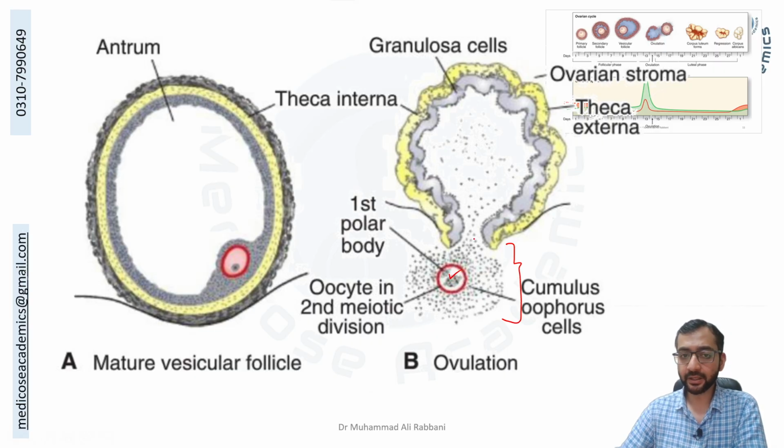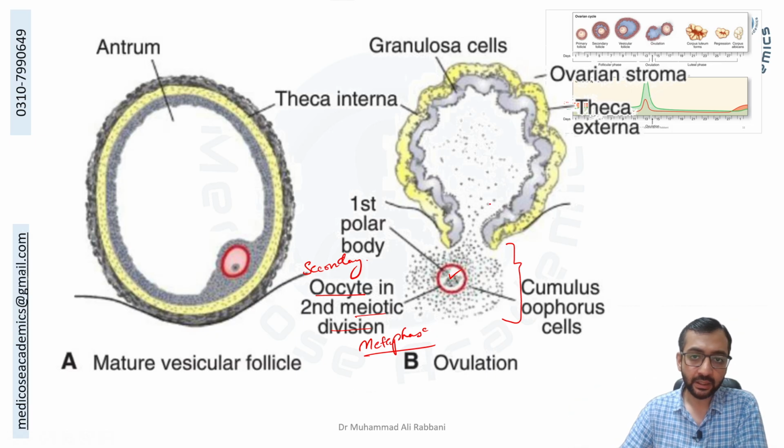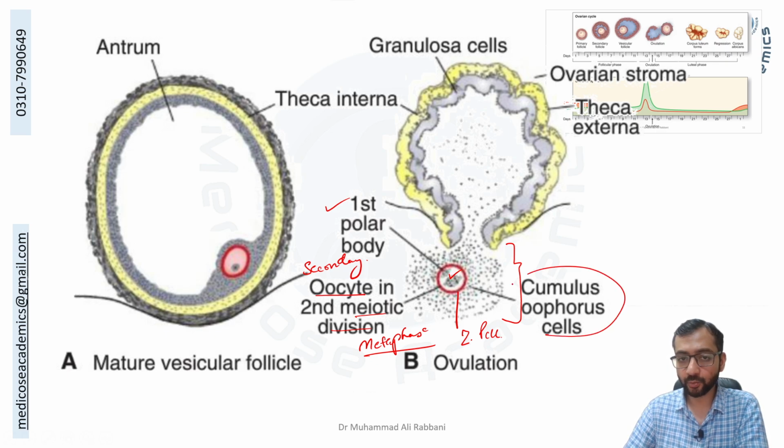There is a secondary oocyte stuck in the second meiotic division, in metaphase. Of course, it will have one polar body with it, shown right here. In the red, there is the zona pellucida, and around it the granulosa cells, now called cumulus oophorus cells.